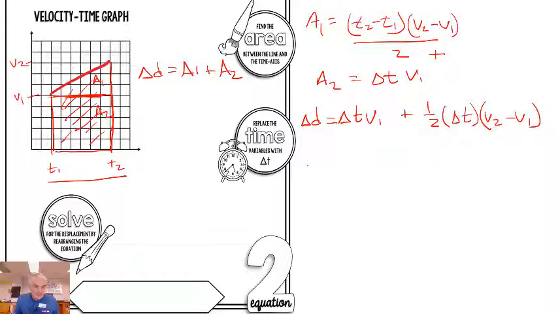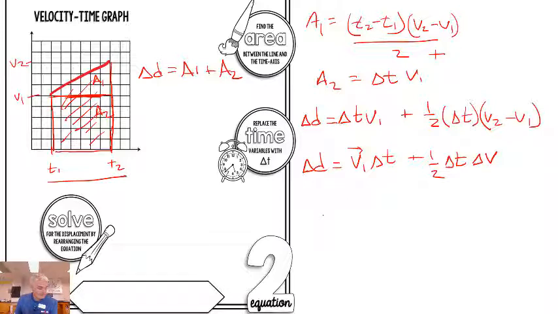We just say delta d is equal to v1 delta t plus 1/2 times delta t times delta v. And now we have our equation.